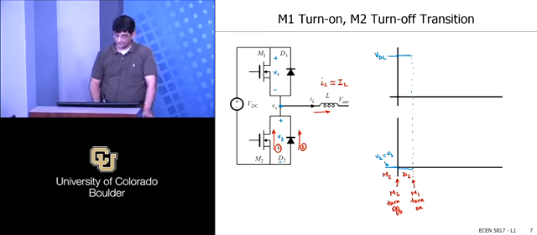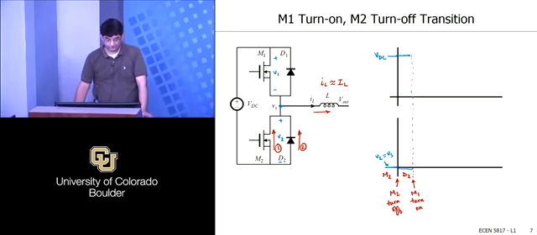All right, and I am going to basically turn on M1. What happens? Well, let's talk first in terms of the currents. All right, M1 current is going to do what? Increase.